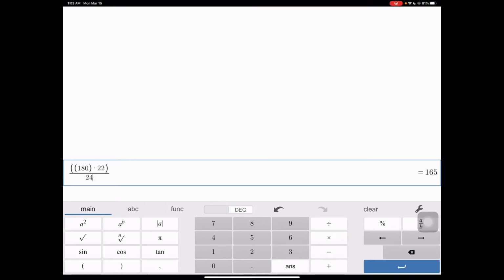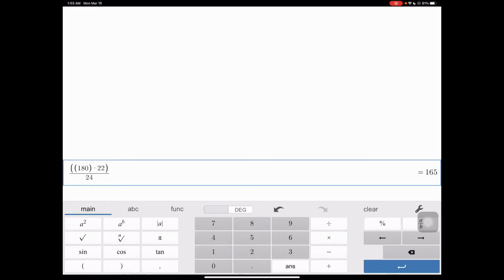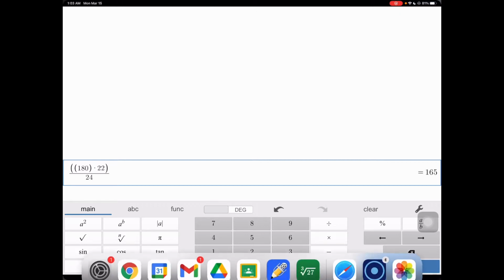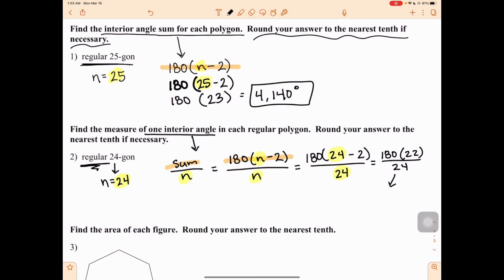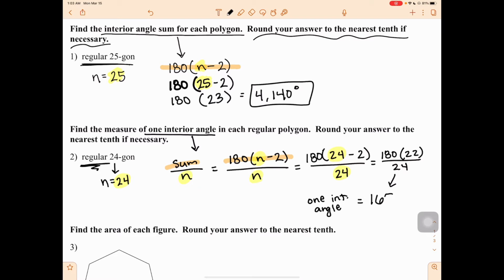So we get 165 degrees is the measure of each angle, and that's because the sum of those angles is 3,960, and since there's 24 of those angles that are all equal to each other, each angle is 165 degrees. So the measure of one interior angle of a regular 24-gon is, what was it, 165 degrees.